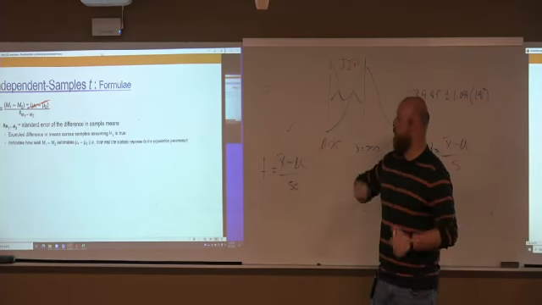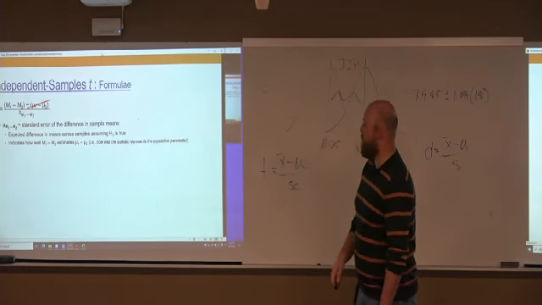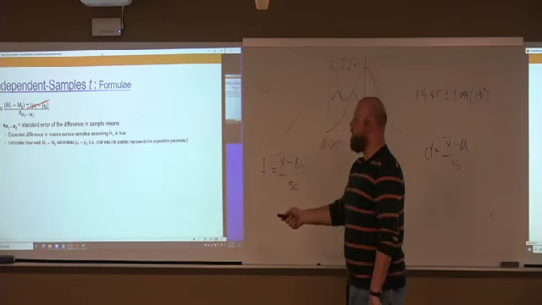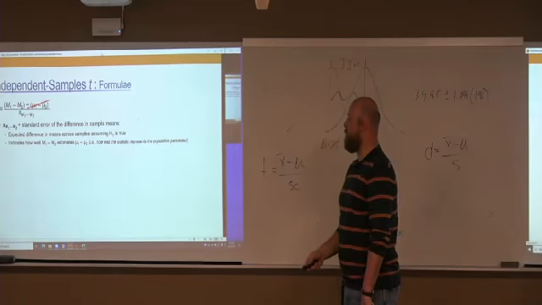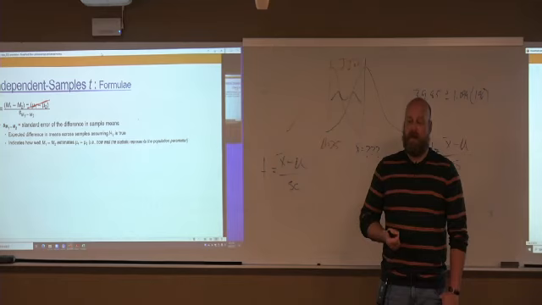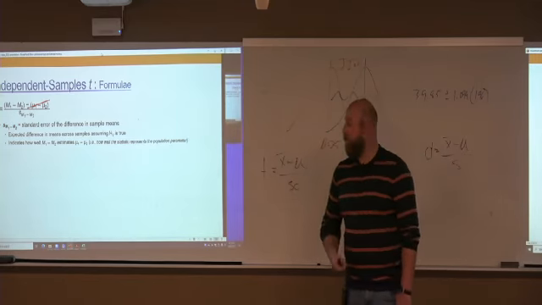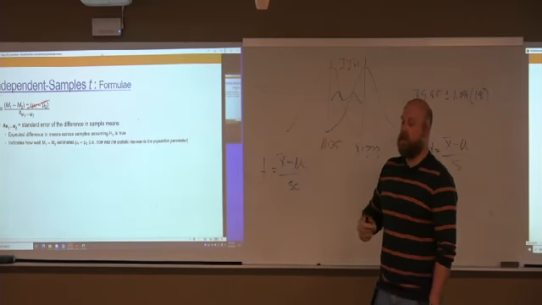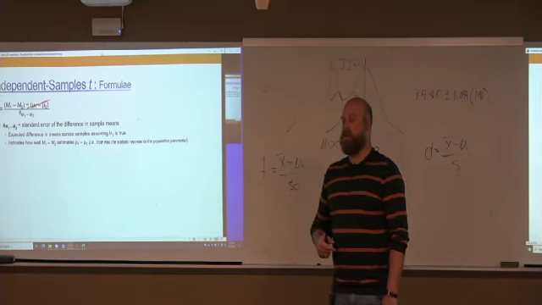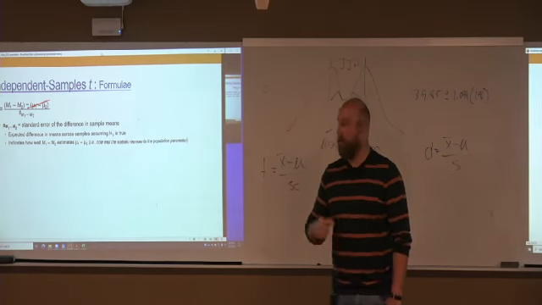Okay. So in the denominator, we have the standard error of the difference in sample means. The standard error of the difference in sample means is the expected difference in means across samples, assuming that the null hypothesis is true. Before, with our single sample tests, we were looking at the standard error of the mean. Same concept; now we just have the standard error of the difference in means. Basically, the standard error is the standard deviation of the distribution of sample means, except now it's the standard deviation of the distribution of differences in sample means.